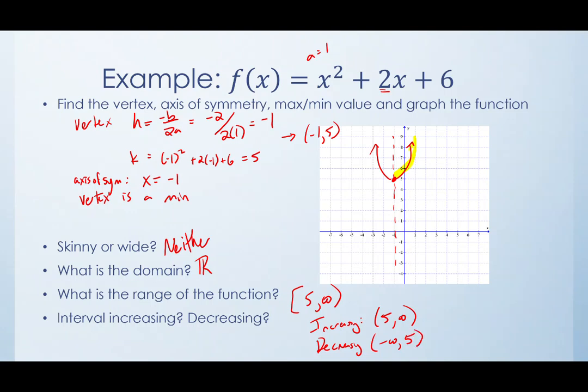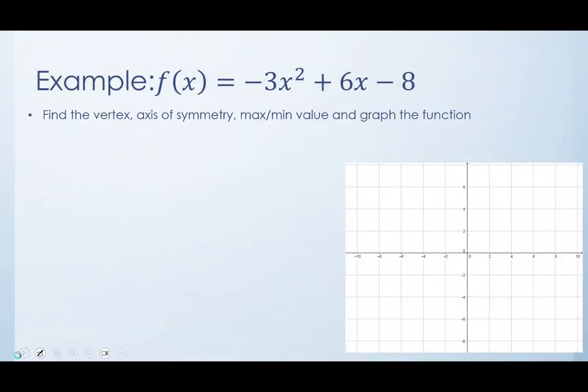Oh, I just made a mistake, because I got distracted, because we were just talking about range. This should be the x-coordinate, so don't make that mistake on the test. This should be negative 1. So negative 1 to infinity for increasing, and negative infinity to negative 1 for decreasing.